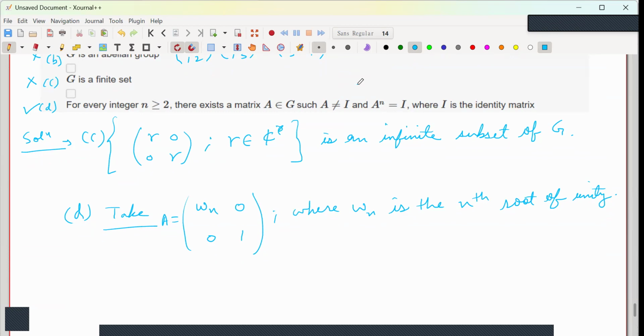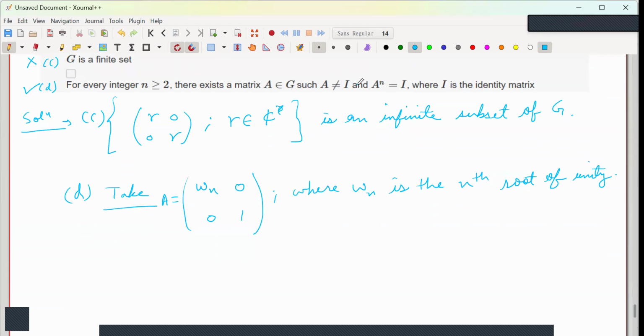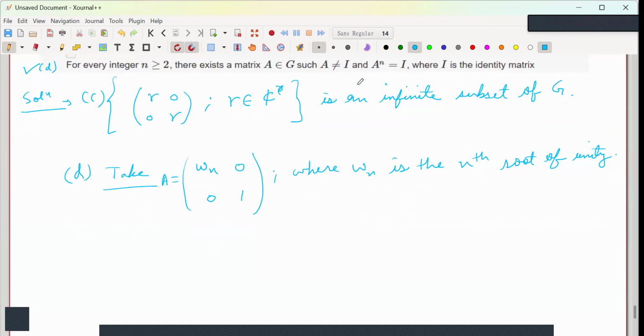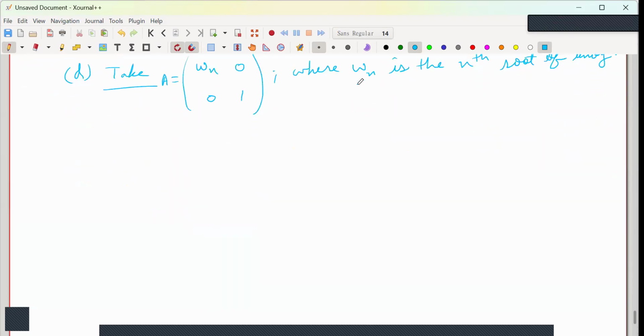So A to the n will also be identity. That is also one choice. But since you have come up with your own choice, I will go with that. Okay, good. Now, if it is fine, then we can move to the next problem, which is also the last problem of this assignment.